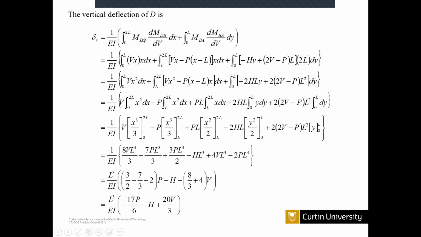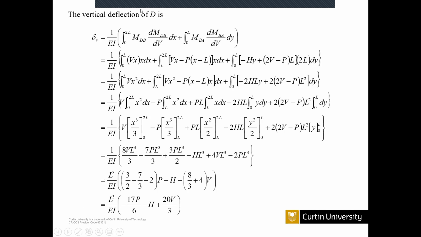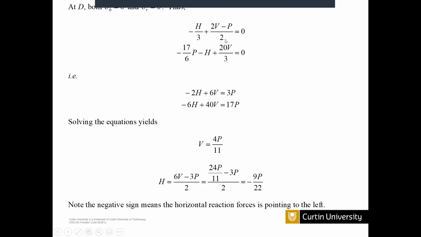As I told you, at point D the vertical deflection and horizontal deflection should be 0, so this equation should be equal to 0. There are two unknowns, H and V, so you should have two equations. That's why we find both the horizontal and vertical deflections. Then you will get two equations and get the answers for H and V.